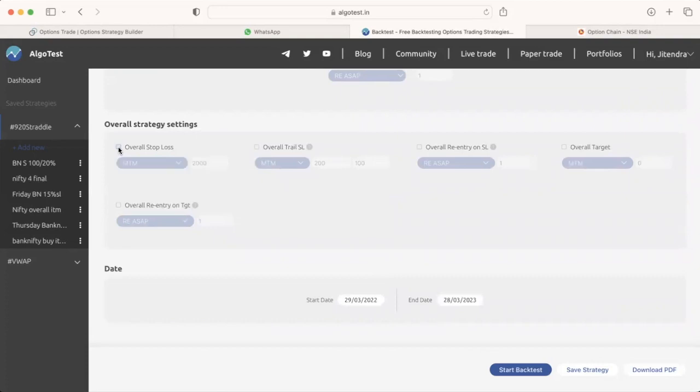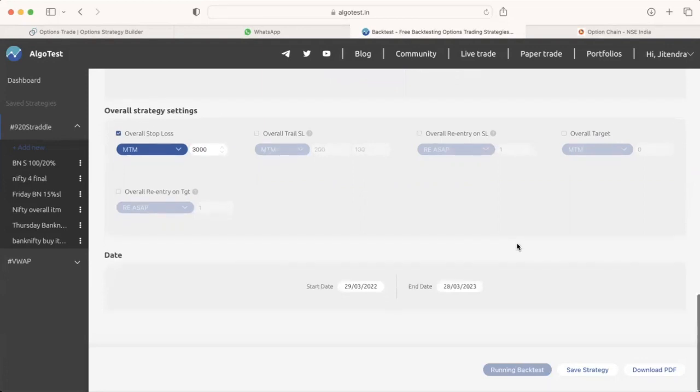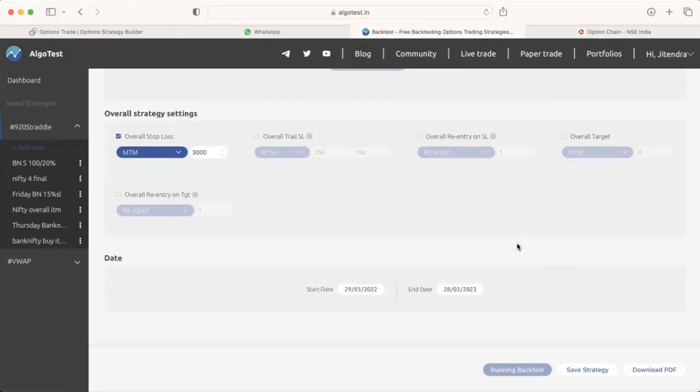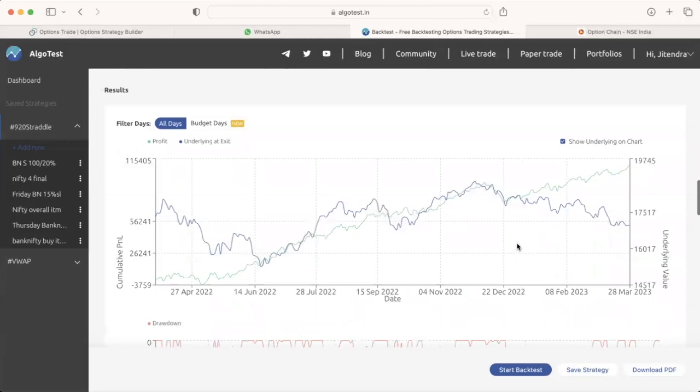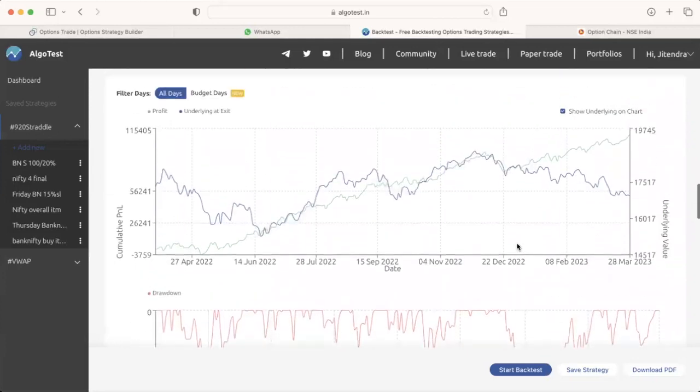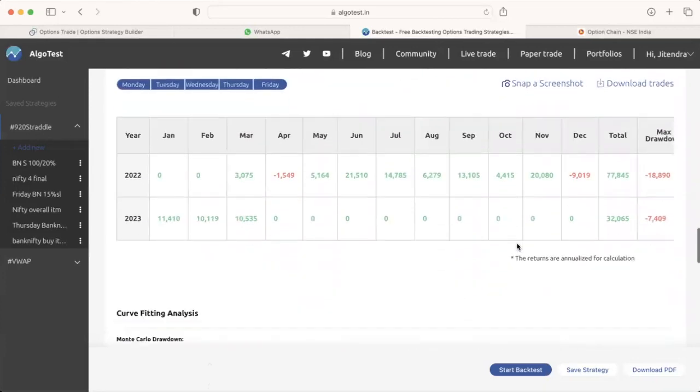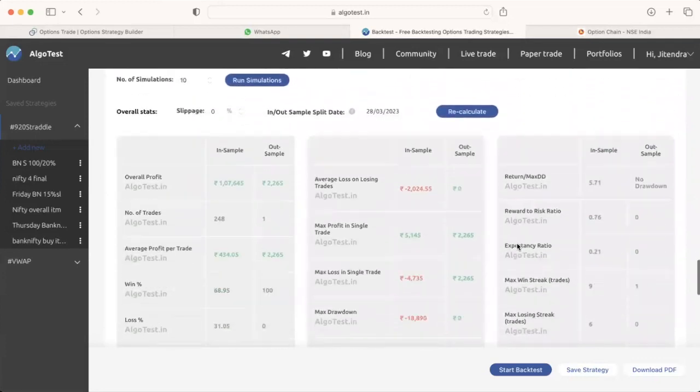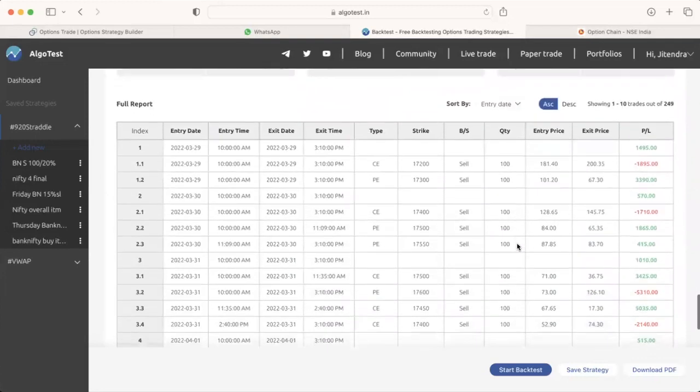Maybe we need to increase a little bit of. Now you can see, I think the stop loss was so near that every time the stop loss was getting hit and we didn't re-enter.